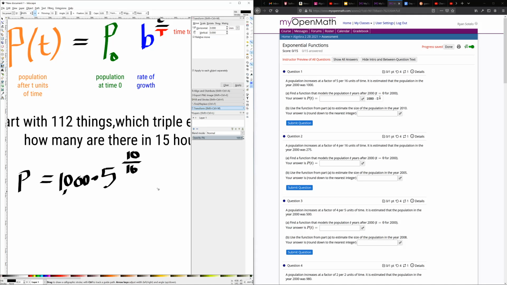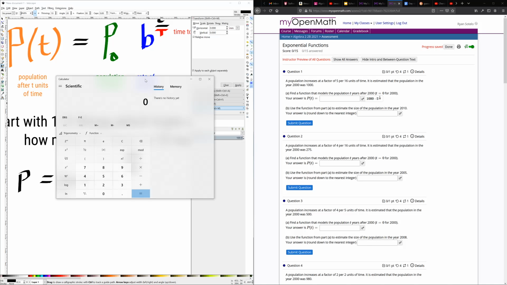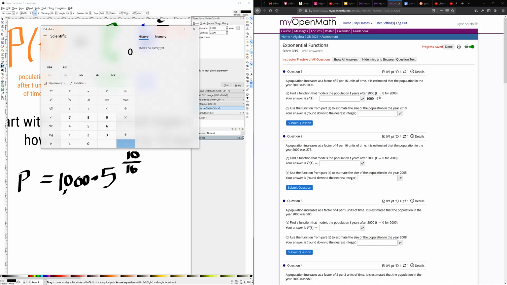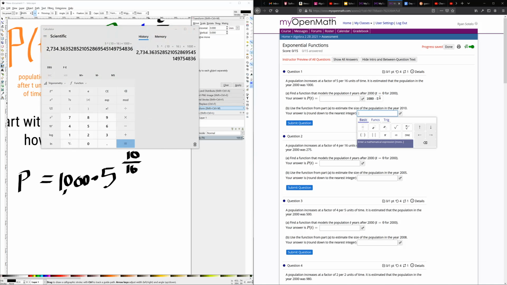So I have 5 raised to the 10 over 16, times 1,000. And I will have, I'm going to round down, 2734.